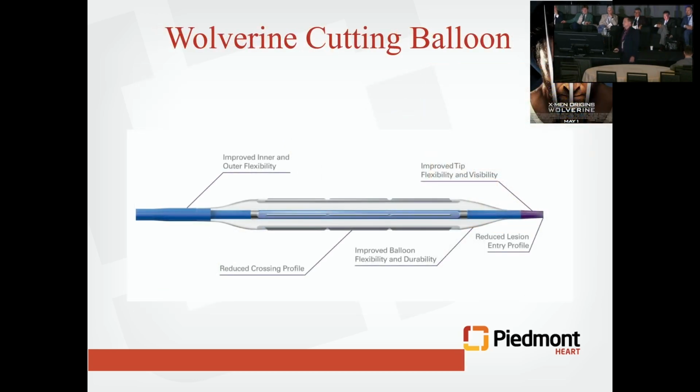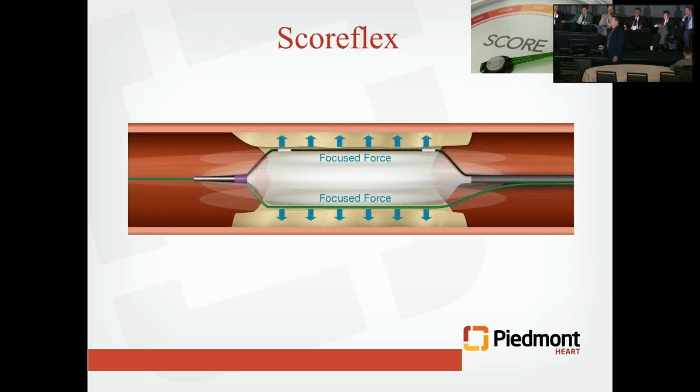Wolverine cutting balloon. So Wolverine or any of the traditional cutting balloons, I don't like the profile on this as much. Sometimes it can be very hard to get through, but very effective, especially for calcium with the microtomes. And then the Scoreflex balloon, I didn't really have any good funny pictures for this, but the Scoreflex is essentially like a poor man's wire down alongside a non-compliant balloon, at least to me. One of my partners loves this balloon.